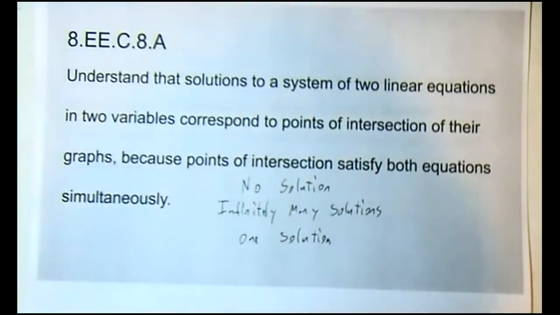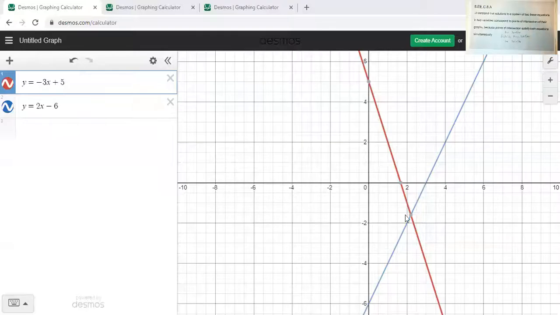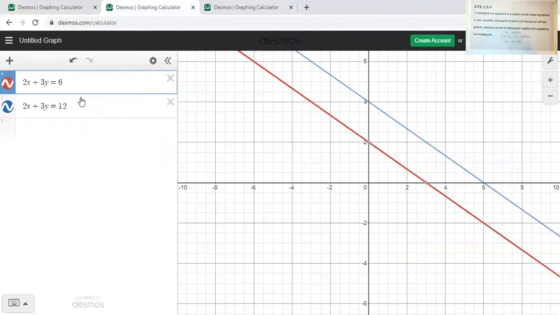It is our job to figure out where that is. So let me share you something I have with Desmos right now. This right here is an example of 1 solution. This point right here satisfies both the red line and the blue line. So this is the solution. The 2 other examples I gave were this: 2x plus 3y is equal to 6, and 2x plus 3y is equal to 12.